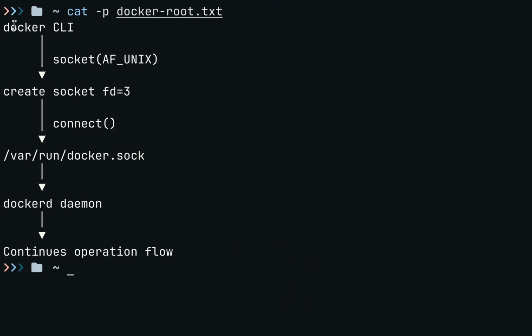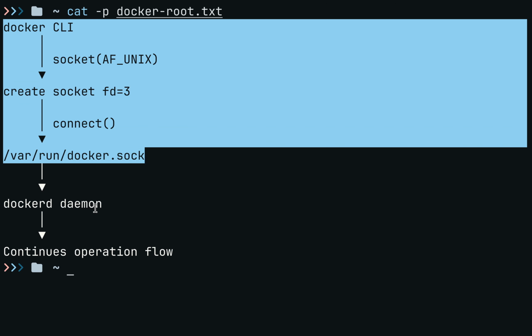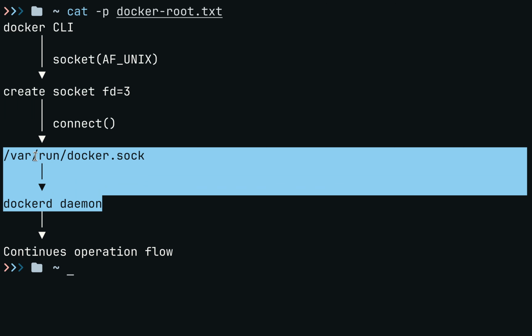Your Docker CLI, even without root privileges, communicates to the Docker socket by creating a socket, and dockerd also listens on the same socket. So in a way, Docker CLI writes to it and Docker daemon reads from it. That is not exactly how a socket works, I'm just giving you an analogy.